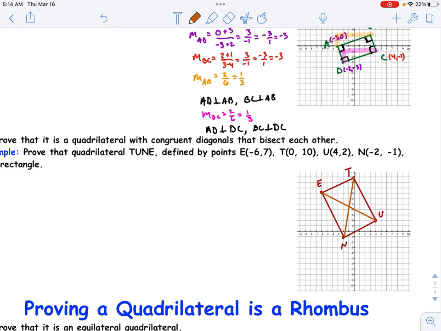Ooh, this is looking tough. Alright, that means for TN, we have to find the distance of TN.